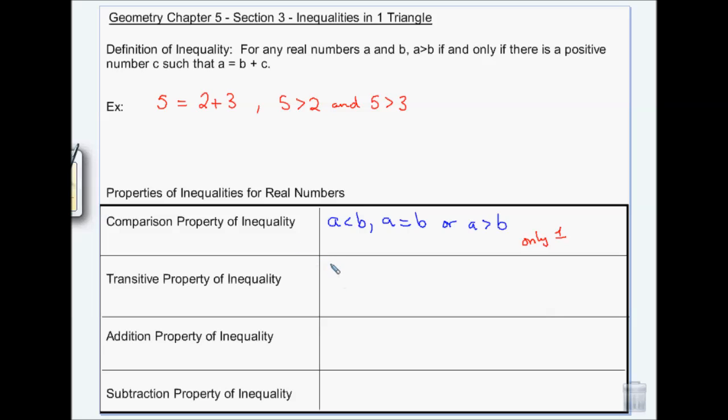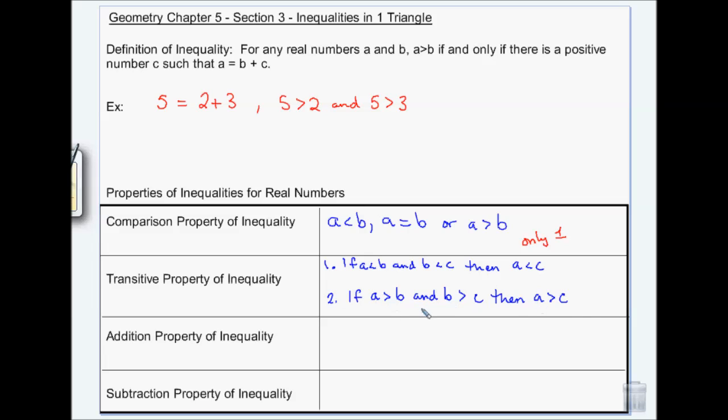Okay, transitive property, there's two versions. The first one: if A is less than B and B is less than C, that makes A less than C, right? Because if A is smaller than B and B is smaller than C, then A has to be smaller than C. And vice versa: if A is greater than B and B is greater than C, then A is going to be greater than C. How would that work?